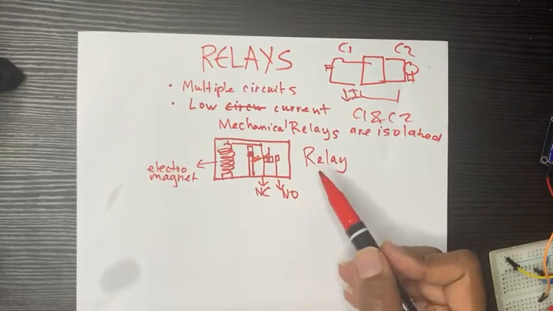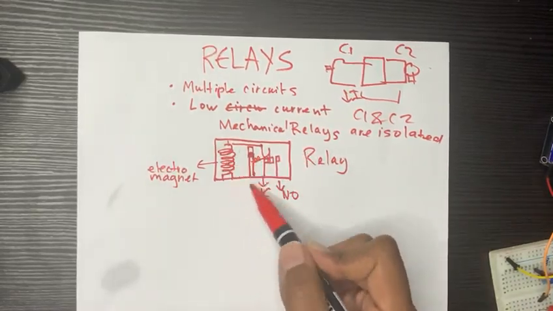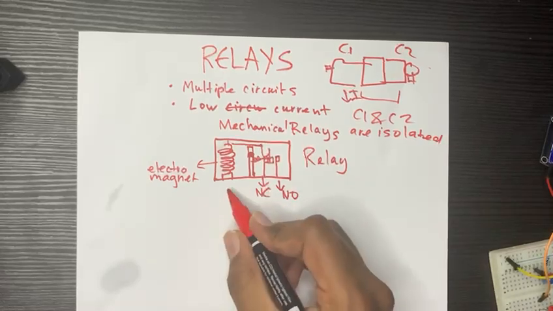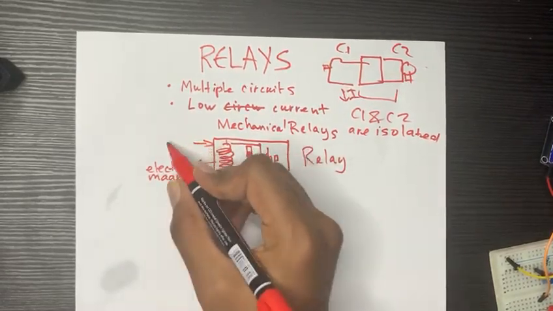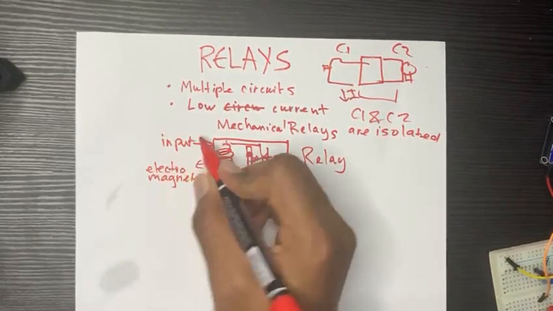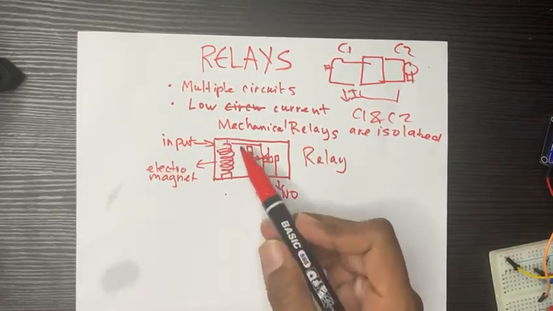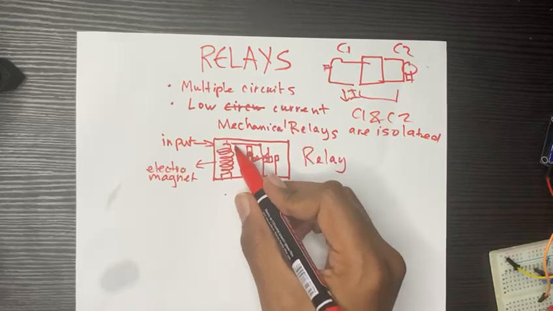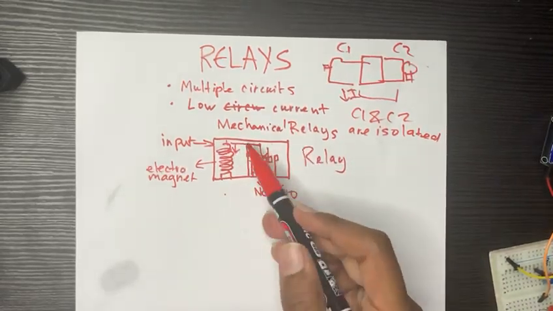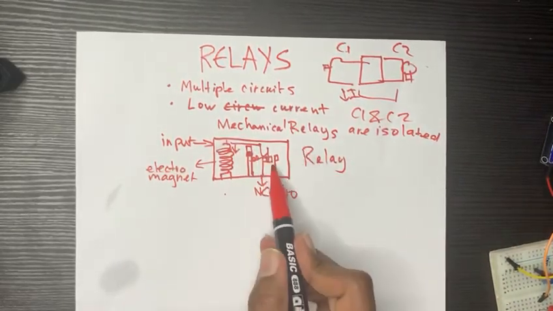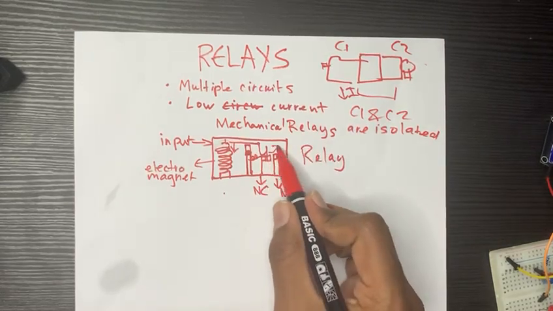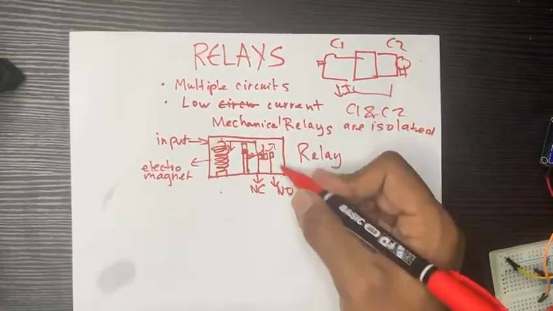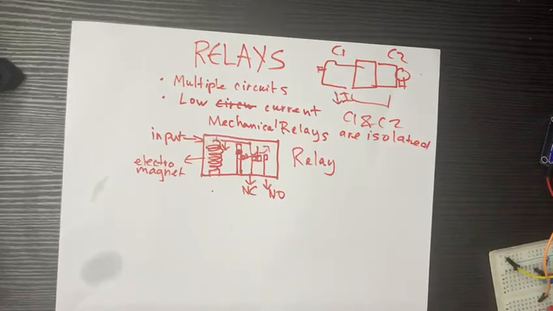So when you actually pass current through this, basically the input signal, it acts like a magnet, it attracts it, so it pulls the armature down, and it contacts this, but also this moves to the right and it contacts NO. So this path, this is B, for example.